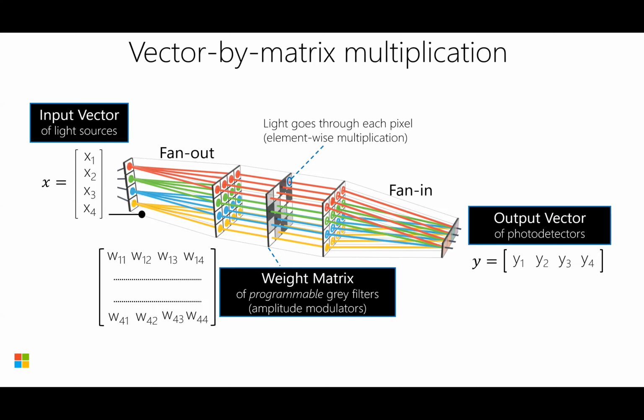And then we have y, our output vector. Because this weights matrix is programmable, you can run different models or solve different optimization problems or whatever it might be by just programming a different problem into that modulator.